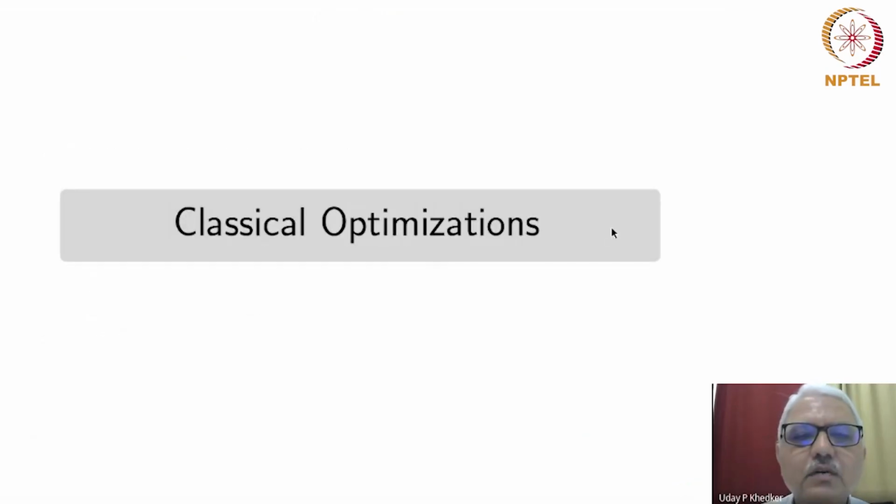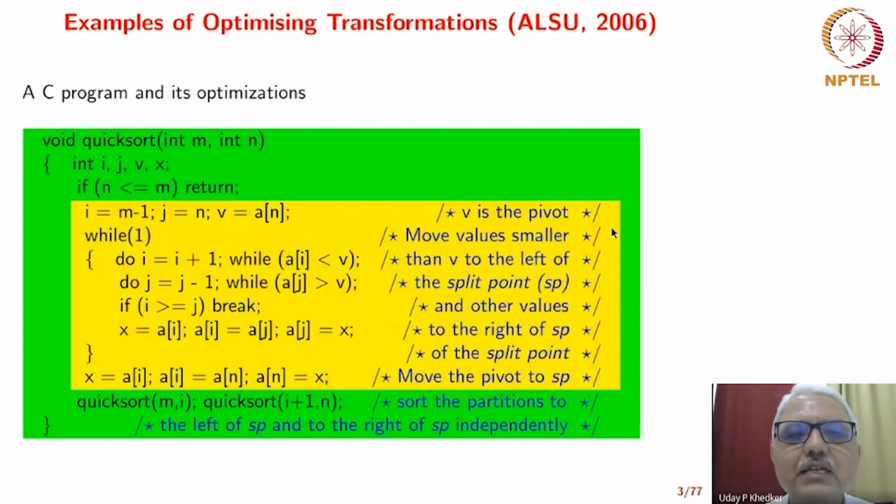So talking about classical optimizations, here is that celebrated example from the Aho, Lam, Sethi, Ullman book that demonstrates the usefulness of optimizations. What we see here in the green box is a quicksort function, and we are interested in looking at the optimization of the code in the yellow box.